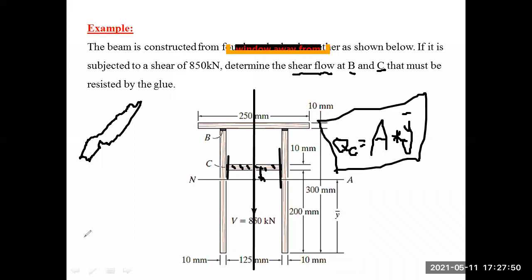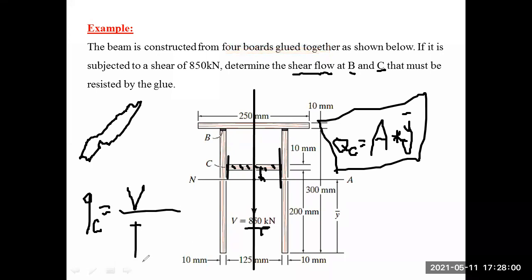Once I have Q C, what is the shear flow for C? It would be equal to the shear force, 850, over the moment of inertia of the cross section, which is calculated, times Q, which is the difference. So Q is the important element for the shear flow for C, and the shear flow for B as well.